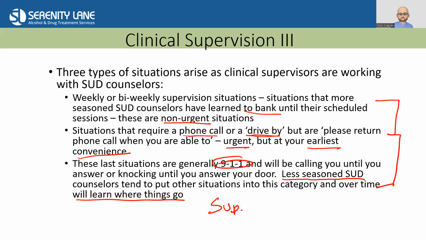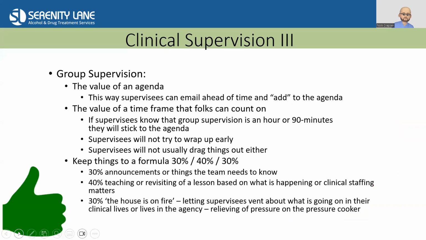That is not to tell them that all situations aren't important, but by showing them where they can find resources to answer their questions, it'll help us in the long run. That might be other seasoned counselors in the office, people who may know answers, or this could be an email, or a voicemail, or this could go to the office clinical supervisor, etc.